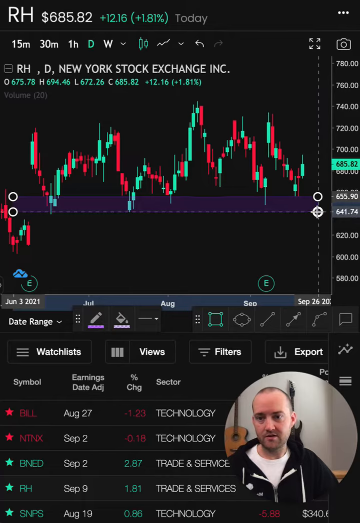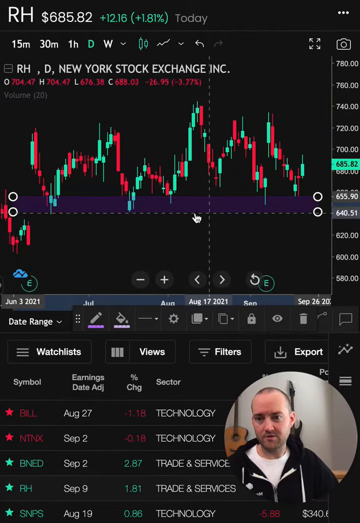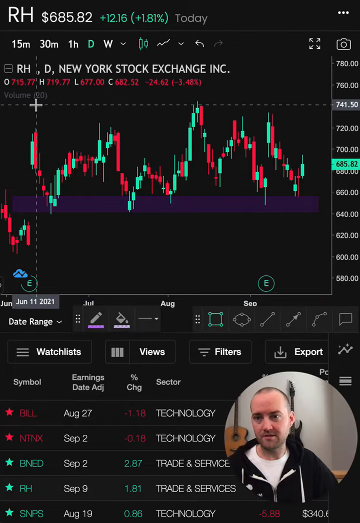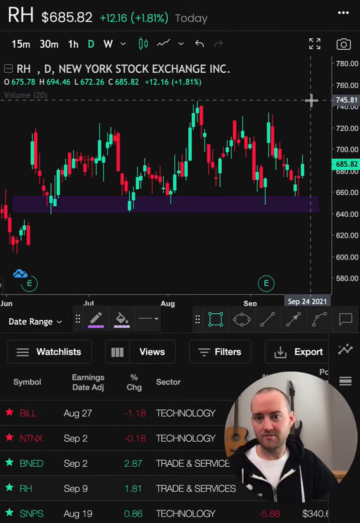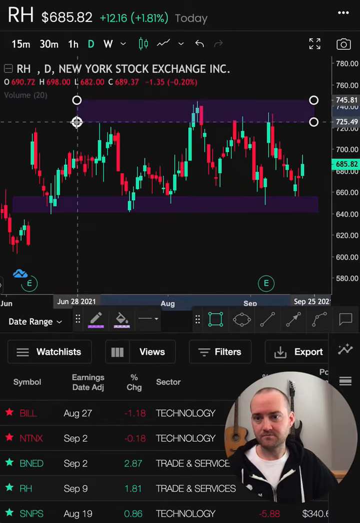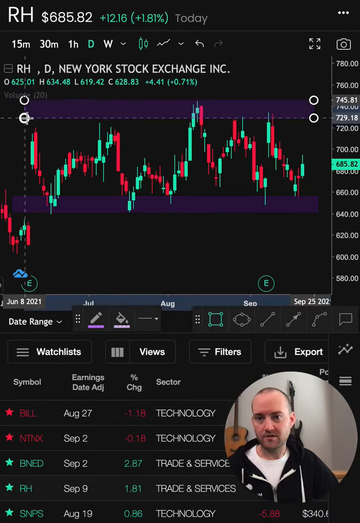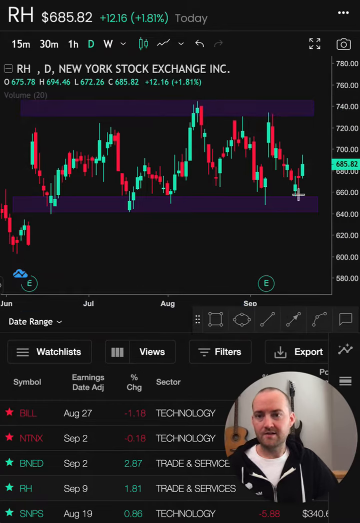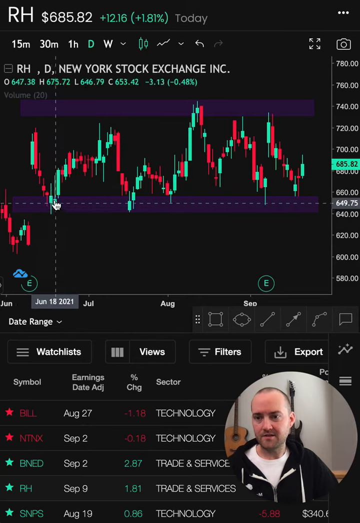So we can kind of draw our support zone here, and we can draw the zone of resistance up here near the top of the range, about around here.